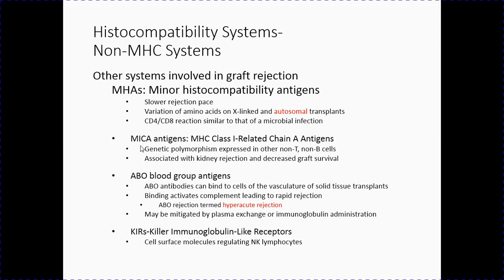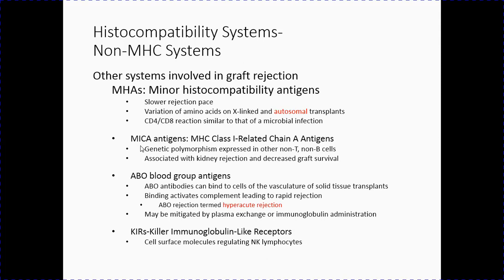These MICA antigens are just another genetic variant of MHC class 1 antigens, and we see these typically in things like kidney rejection. They do result in decreased graft survival, but again, it's a slower process than MHC rejection.